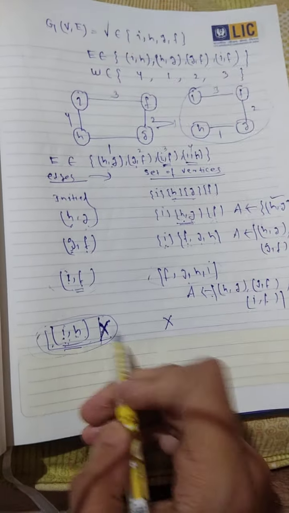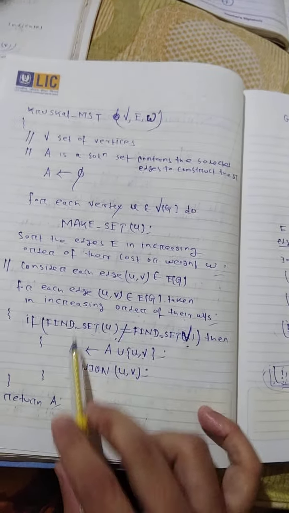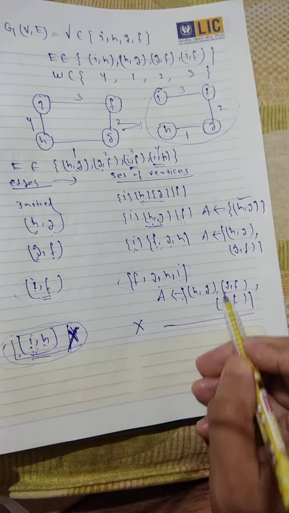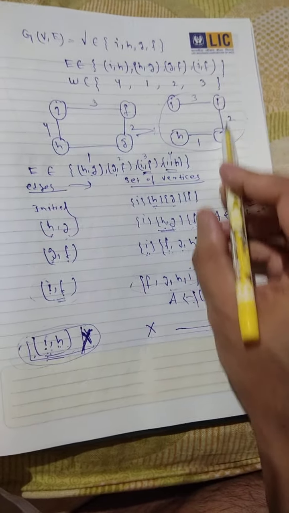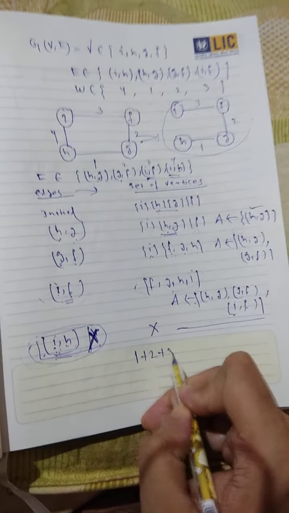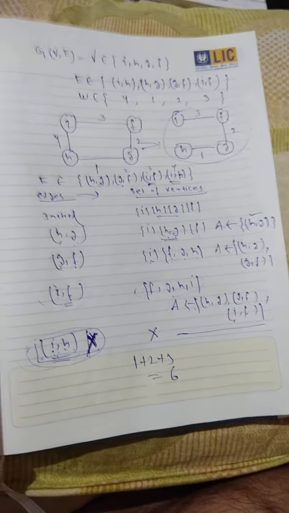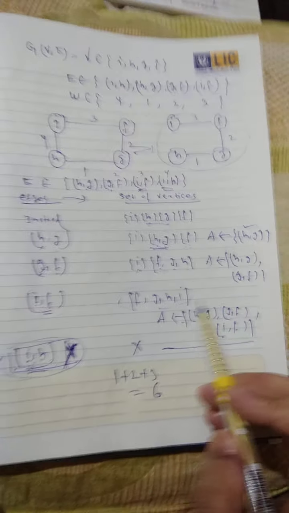So IH is not considered, by using this condition. This solution space contains 3 edges, and this is your graph's minimum spanning tree. Then how to calculate the cost? You simply add all the edge costs: 1 plus 2 plus 3, that is 3 plus 3. The total cost is 6. Then return A, that is, the solution space is returned.